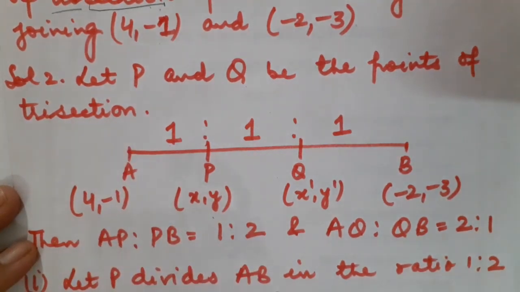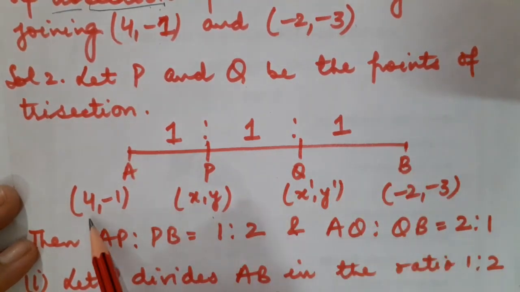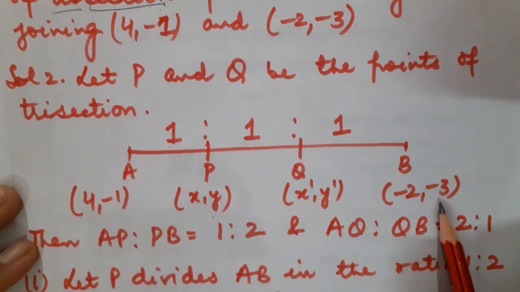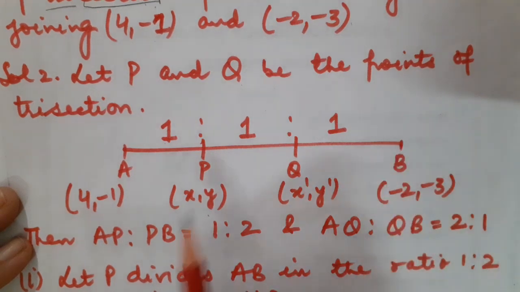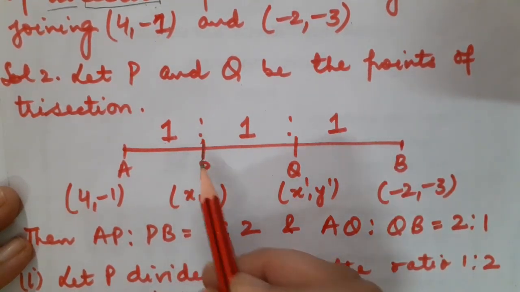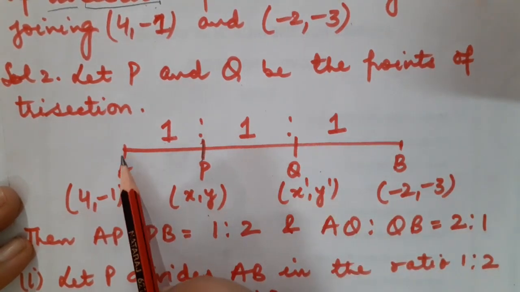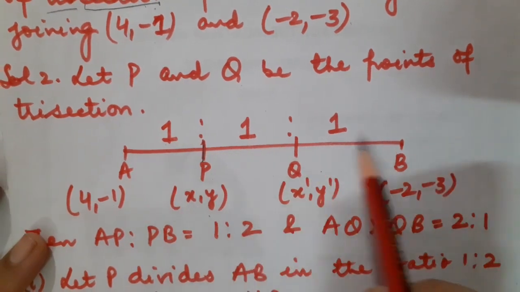Trisection means division of a line segment into 3 equal parts. So first of all, I have drawn a line segment AB, whose coordinates are given, that is (4, -1) and (-2, -3). Now I have to divide this complete line segment into 3 equal parts. This is the first point of trisection, let it be P, and another one is Q. Because tri means 3 and section means division, equal division should be done.